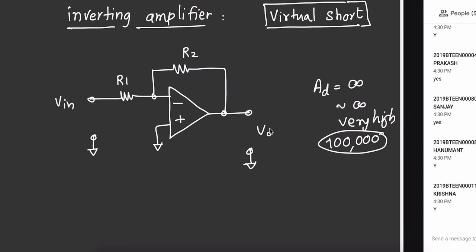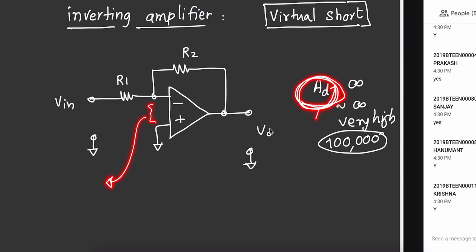Now if the gain is infinity or very high, then what is the amount of input that is required to produce some output? Suppose the output is say 12 volt or 5 volt, 3 volt, 2 volt, whatever it is. For any finite output, I repeat, carefully listen, the amount of input required is decided by the gain of the op amp.